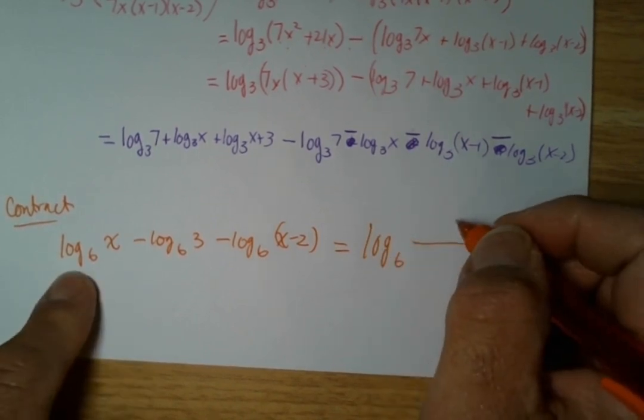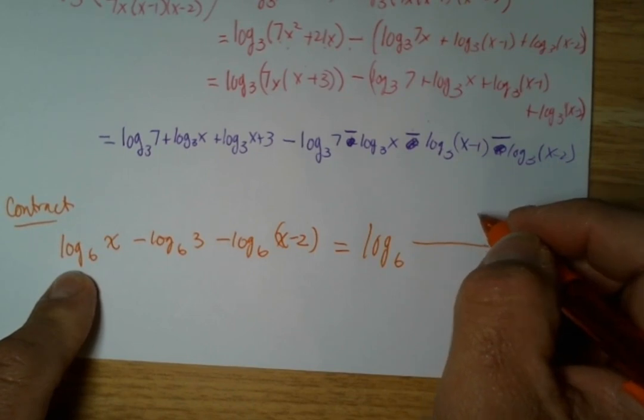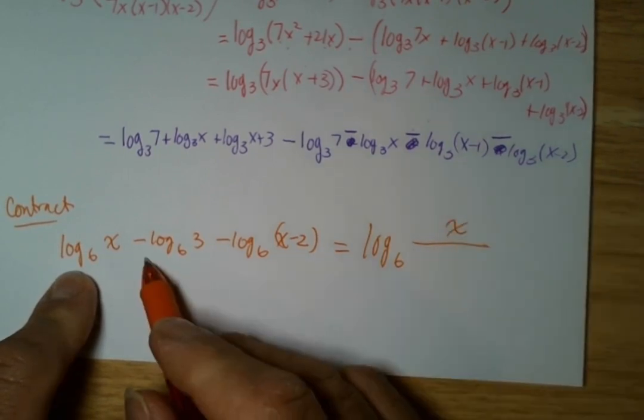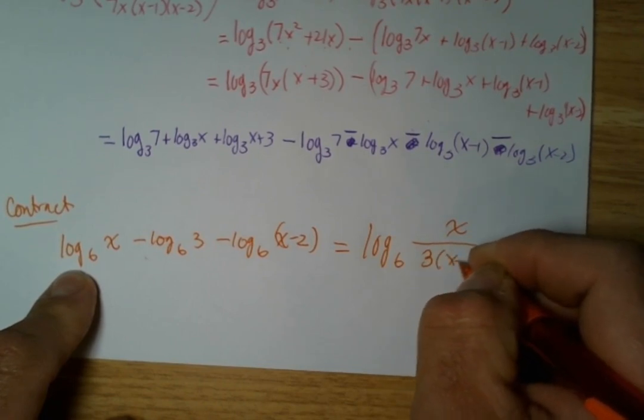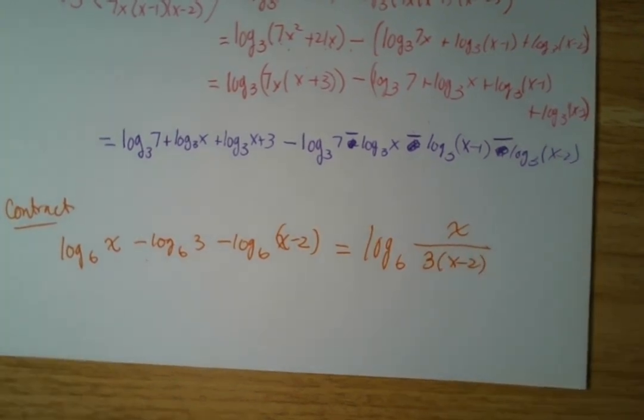Anything that's positive goes in the numerator. And anything that has a negative in front, that can all be put in the denominator. So it looks something like this. Right, so that's how you would go in the opposite direction, right? To contract instead of expand. Okay, so there we have the quotient rule for logarithms.